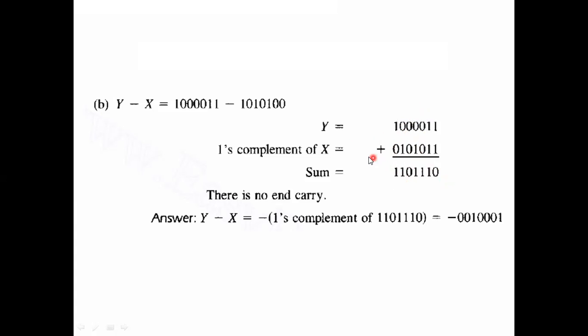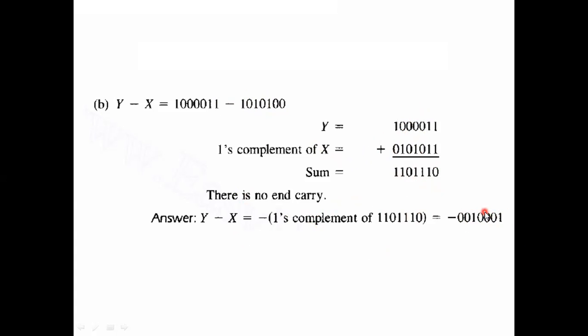So here compulsorily we know the result is a negative number, 67 minus 84 here. So put a negative sign and again take the ones complement of this addition. For the value obtained from this addition, if we calculate the ones complement again, finally we get the final result.